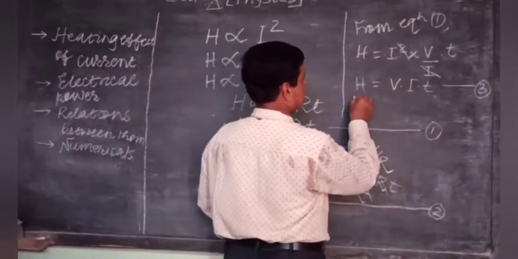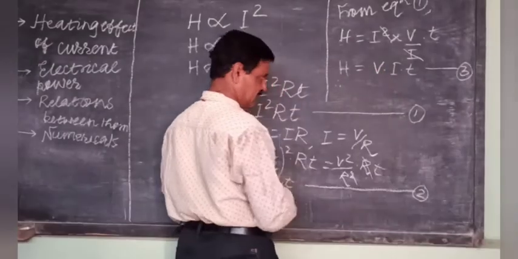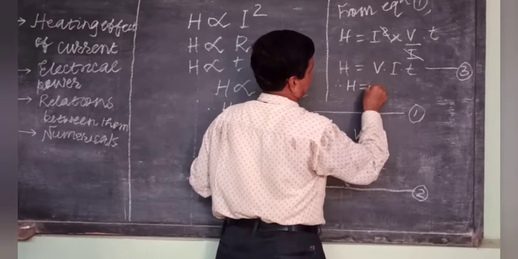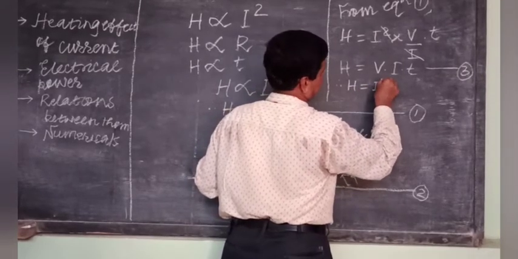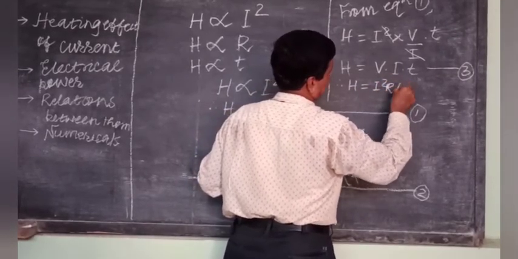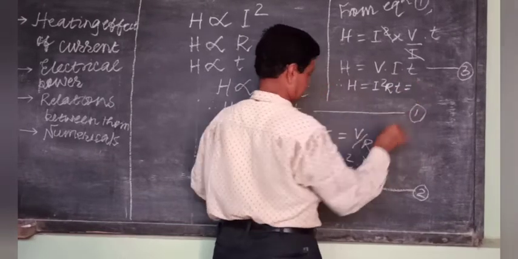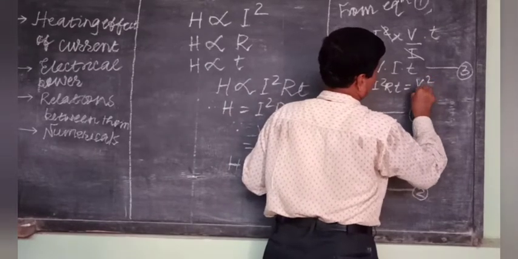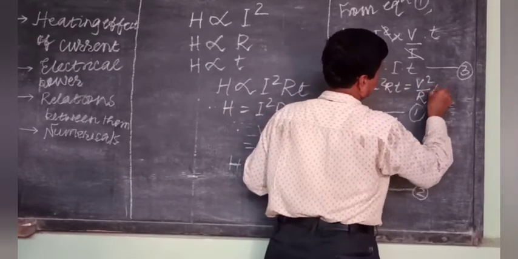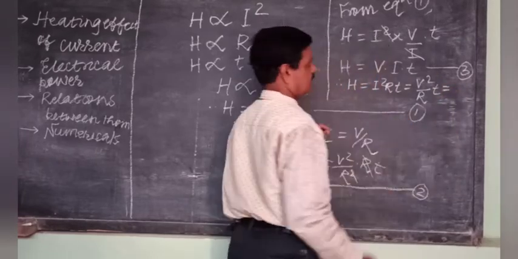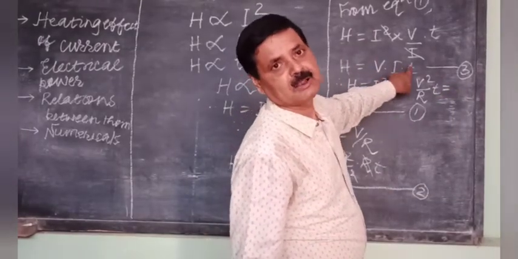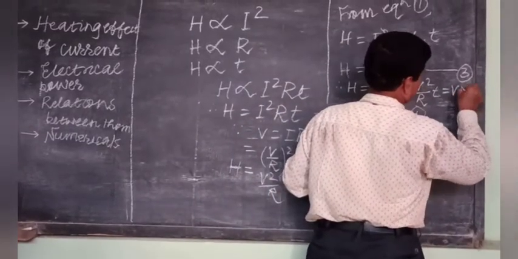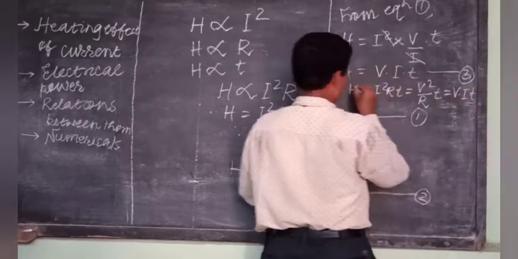Finally, by these three equations, H can be written as I square RT from the first, V square by R into T as the second, and VIT as the third. It can be locked in memory.